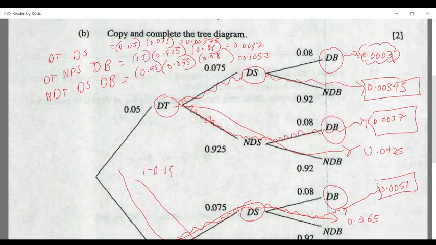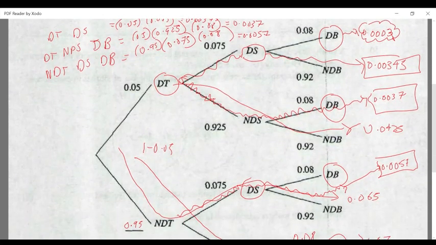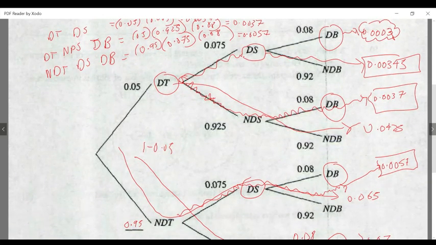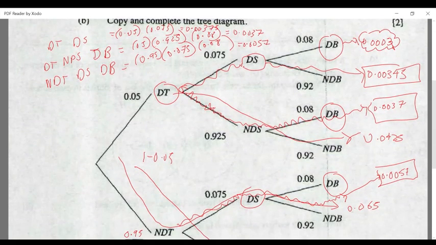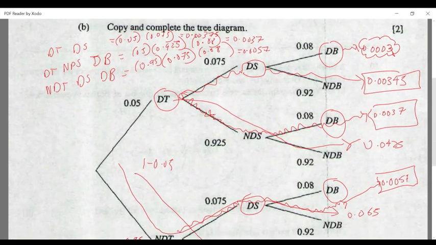Other routes that have at least 1 defect, this bottom route also has at least 1 defect. I think it's already been computed. It's the dt nds ndb. So 0.05, 0.925. I think it's already here.